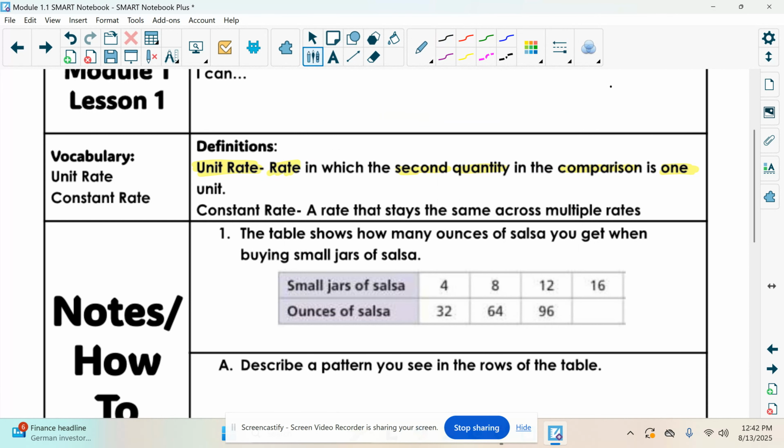Another word for rate, when you hear rate, you should be thinking ratio. Okay? You should be thinking of a ratio.